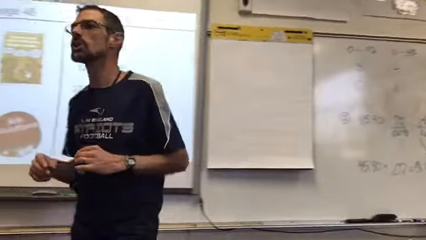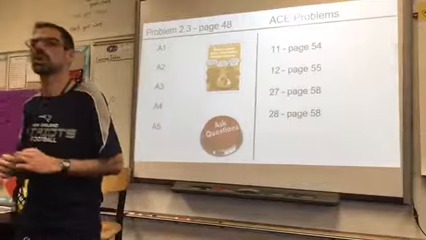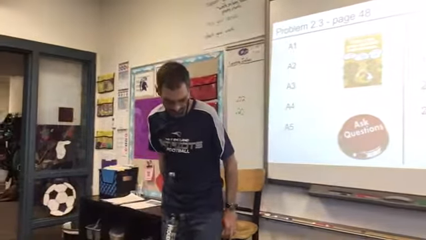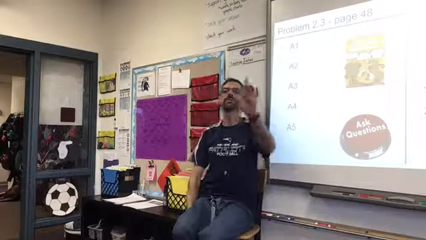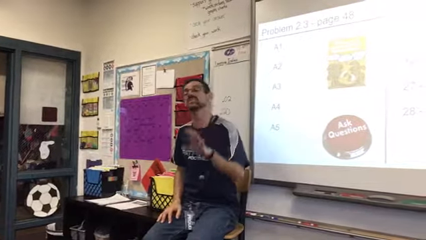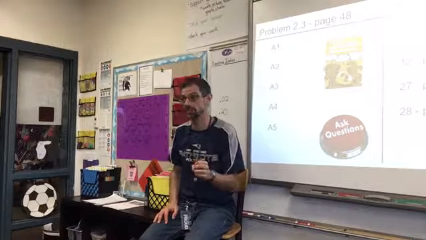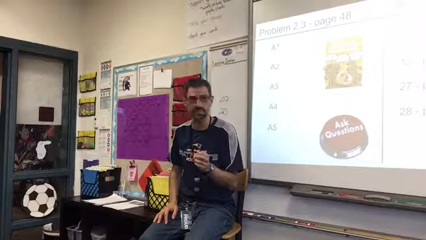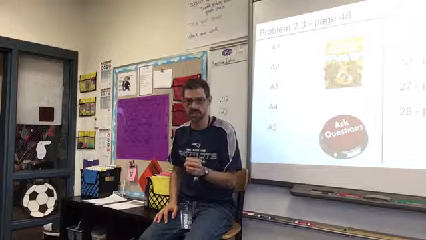Okay. Your job right now is to go to A6. This is our independent think time. I'm going to give you about 45 seconds to read A6, and I want you to start thinking about your background knowledge.